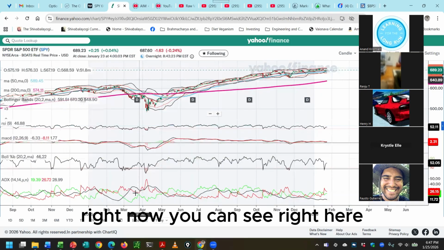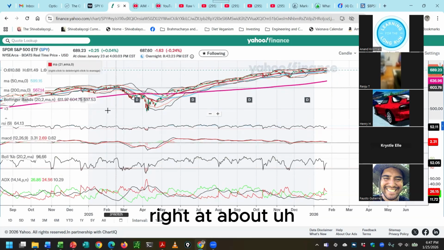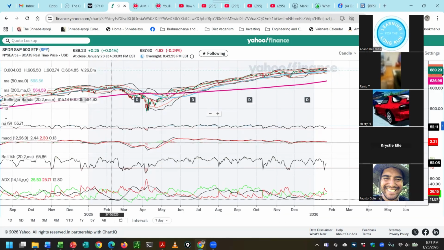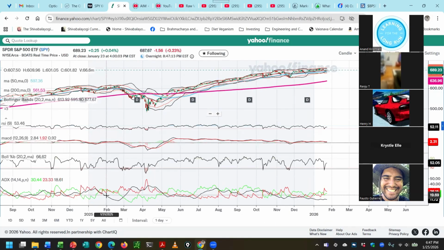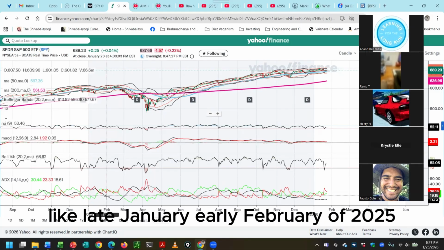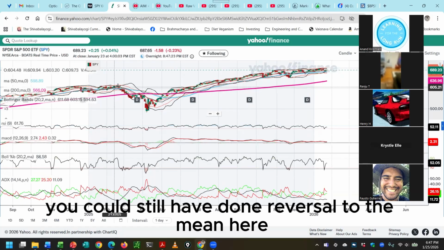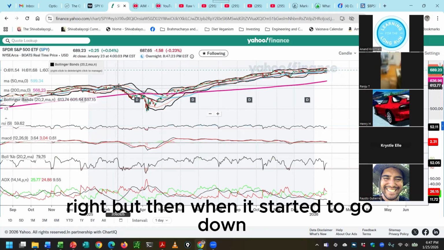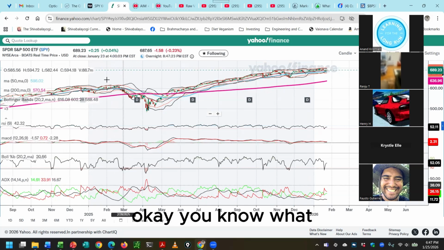Now you can see right here, the ADX was lower than 20 at about this point over here, like late January, early February of 2025, and you can see that it went down. You could still have done reversion to the mean here. But then when it started to go down and the ADX starts to go up, okay, you know what?